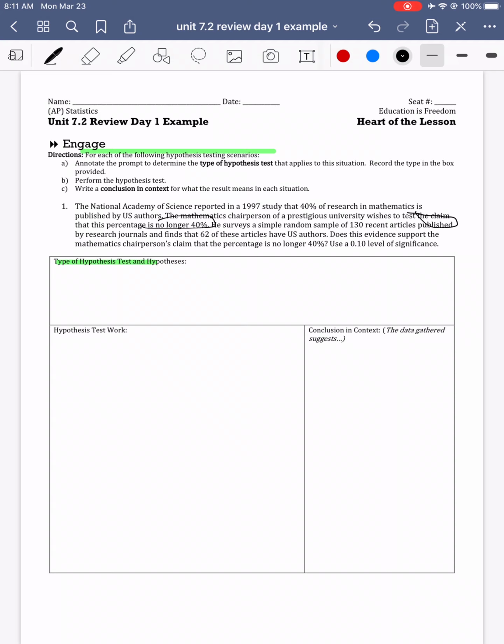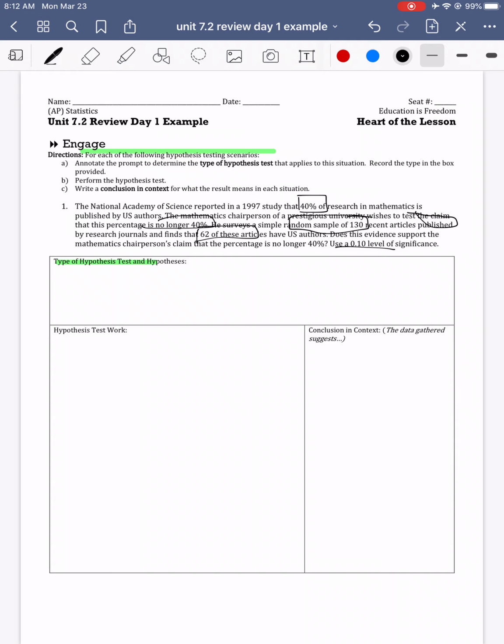Okay, so we have some percentages going on here. He surveys a simple random sample of 130 recent articles published by the research journals and finds that 42 of these articles have U.S. authors. Does this evidence support the mathematics chairperson's claim that the percentage is no longer 40? Use a 0.10 level of significance.